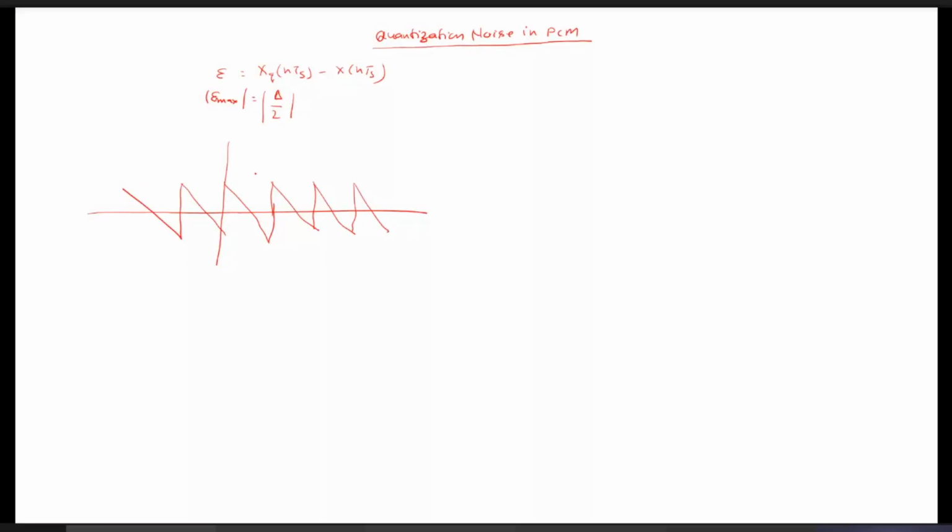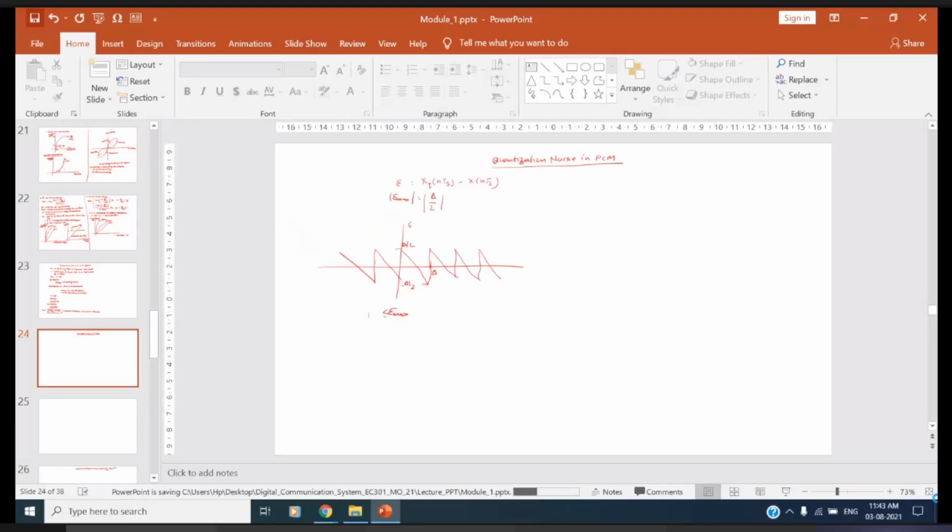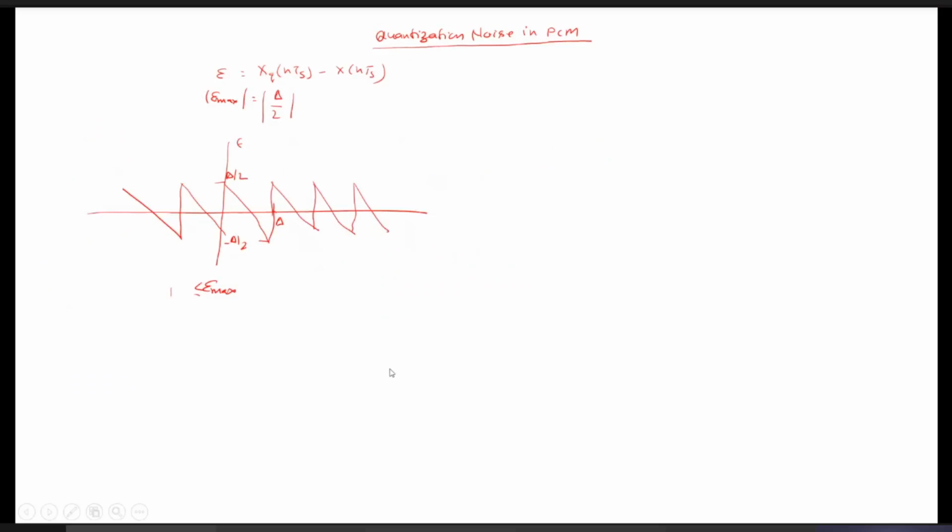In the case of the quantization error epsilon, this value was delta by 2, this value was minus delta by 2, and this one was delta, especially in the case of mid-rise quantization. It means that epsilon varies between minus delta by 2 and delta by 2.